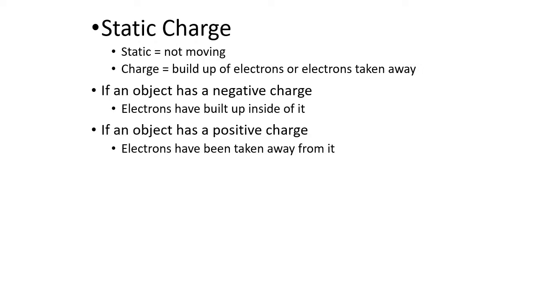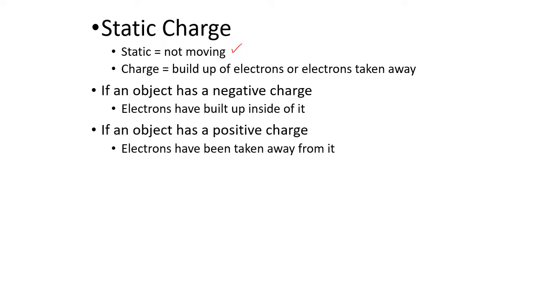So the first part of the electricity unit is that we're going to be starting with static electricity. The word static means not moving, and static electricity or static charge means a buildup of electrons in an area.